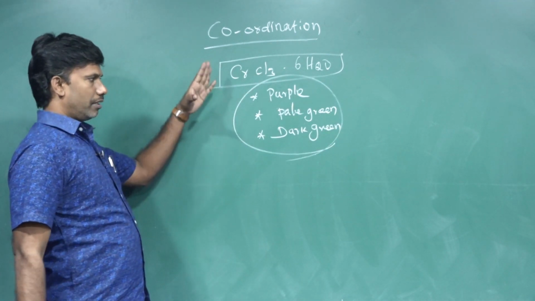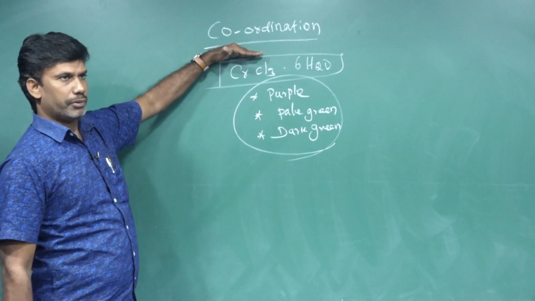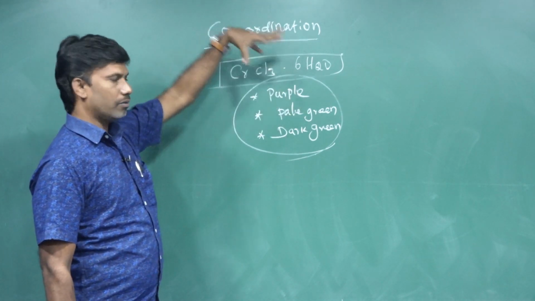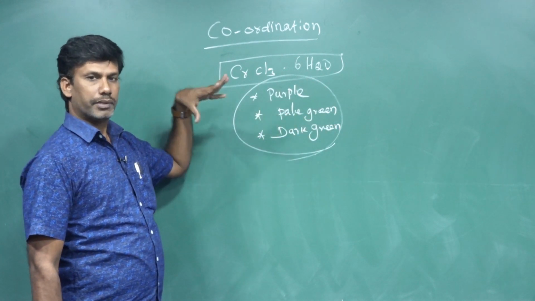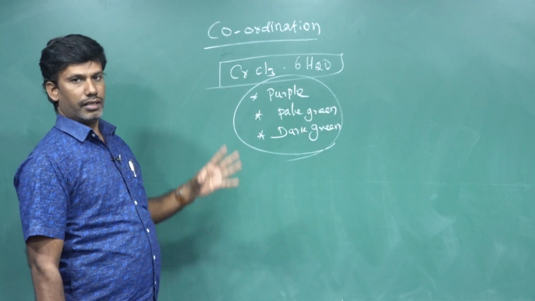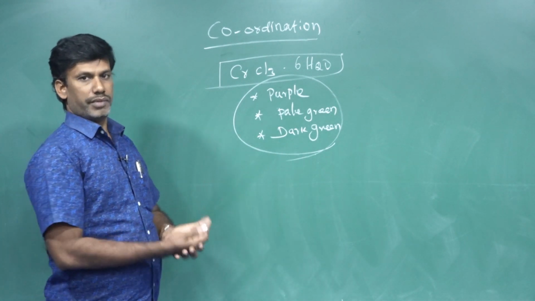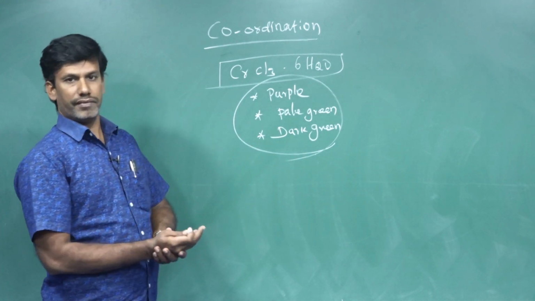So these are different forms of the same complex compound. So we are in a position to learn what a coordination compound is, what the properties of coordination compounds are, and ligands and central metal atom, isomerism and applications, everything we need to know.